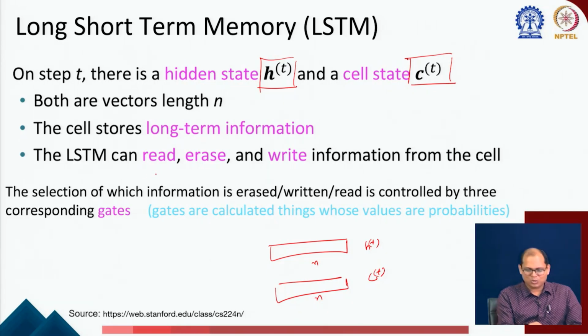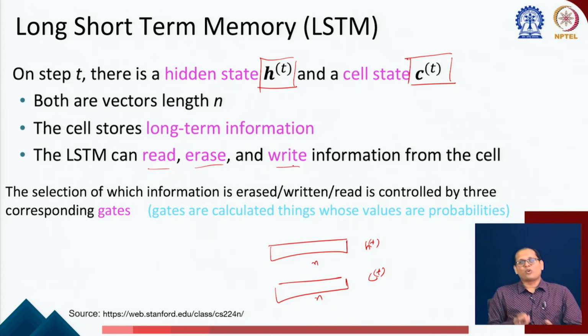Now, what LSTMs can do is read, erase and write information from the cell. They use this to capture what the information was before, use that to compute the new representation and the output, retain some information from previously, and add new information. So you can read from c_t, erase it and write new information over it.